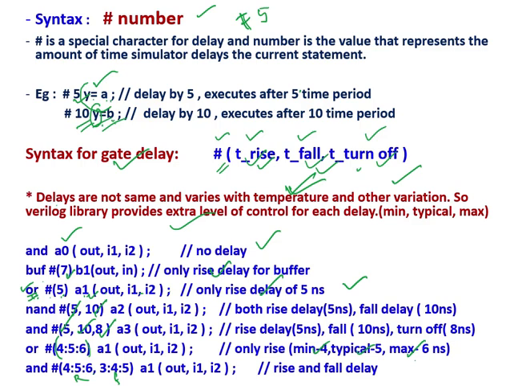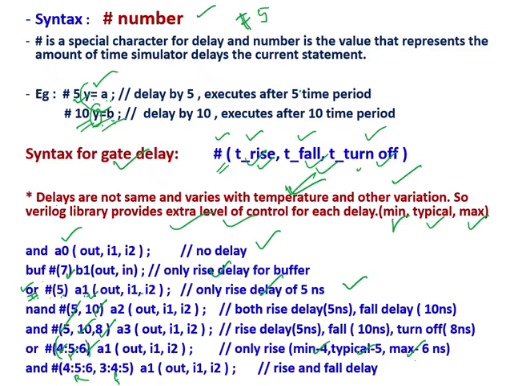These numbers are provided by the Verilog library to take extra care of all these delays. Okay, so extra level of control for each delay. So one is minimum, one is typical, and one is maximum. So the rise time delay can be at maximum 6, the typical value can be 5, and the minimum can be 4 if there is any kind of variation. Okay, either temperature or any kind of parameter variation.